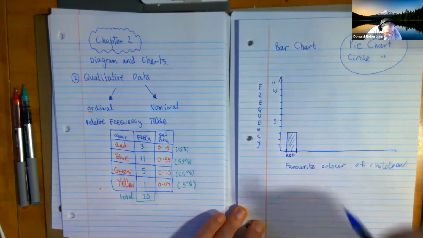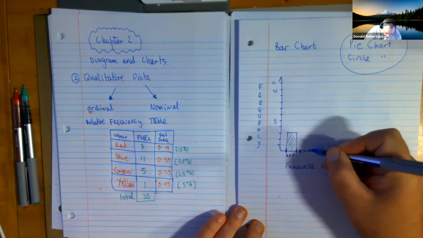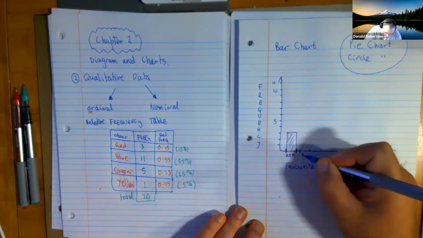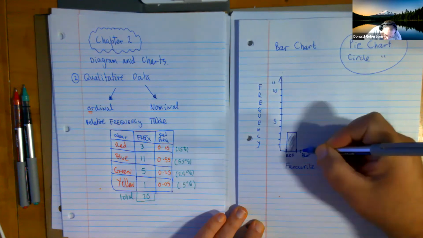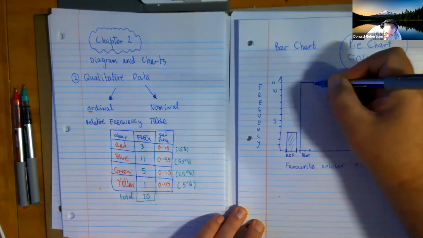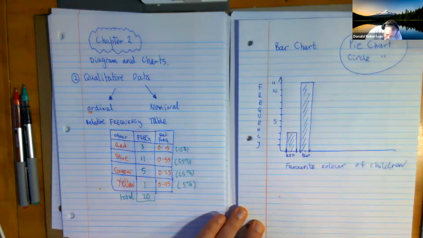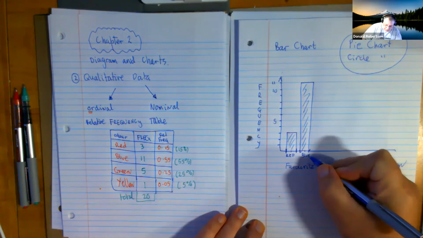Then you leave a gap. And then you start and you do 2 boxes worth. And that's going to be blue. And you go up to 11 and you go across and you come down to 11. There, that's blue.